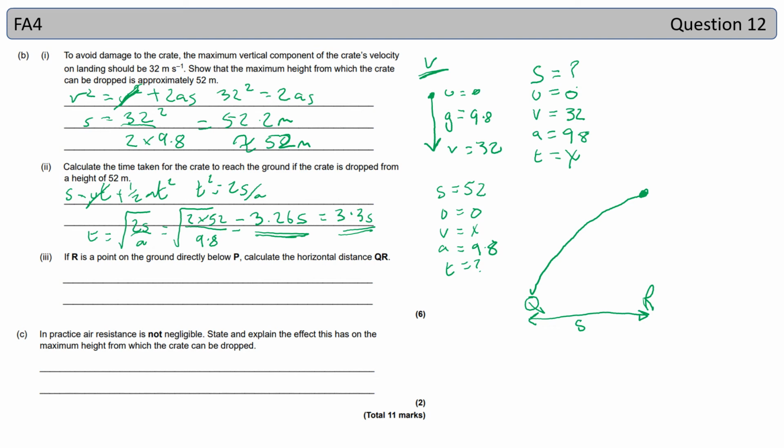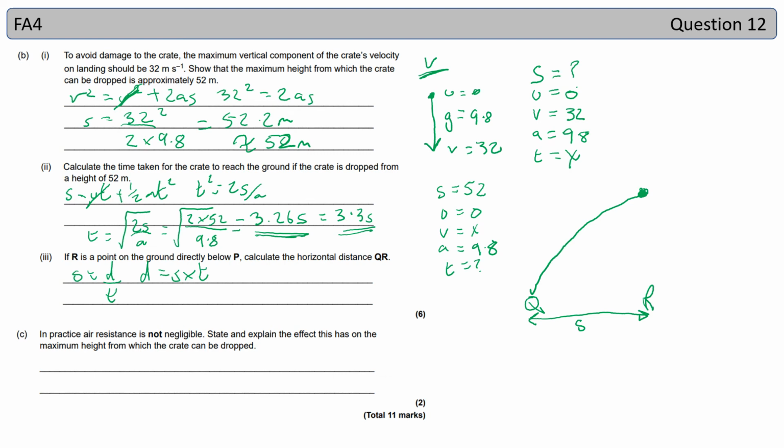Because there's no force acting on it, we can just use speed is equal to distance over time and rearrange for what we're looking for. In this case, distance is equal to speed times time.